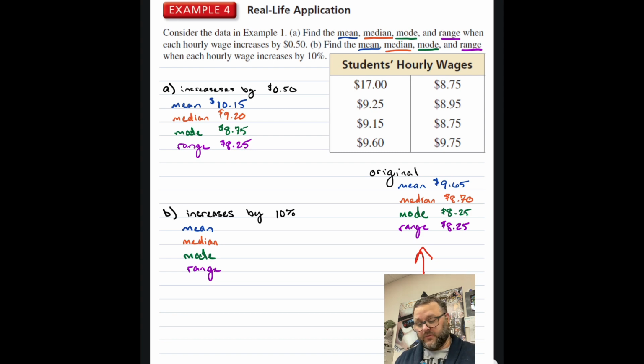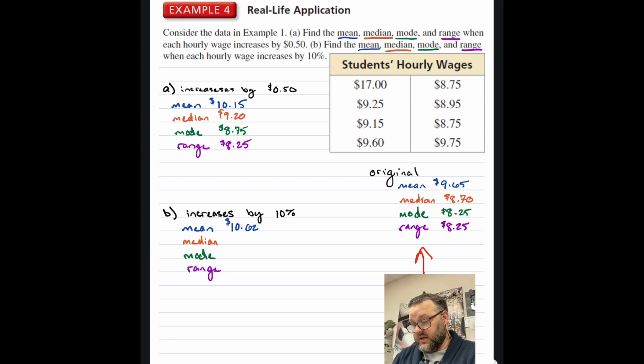and increase those by 50 cents. Now, if we use the same idea here for our 10% raise, really all we're doing is we're taking our original amount and increasing 10%. And when I do that, my new mean is $10.62.